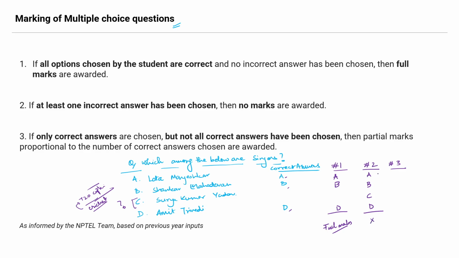Or if I select B, C, and D, then also I won't get any marks. Why? Because we have chosen at least one incorrect answer, which is C. However, if we select B, D, and then submit, here we have the provision of getting some partial marks.